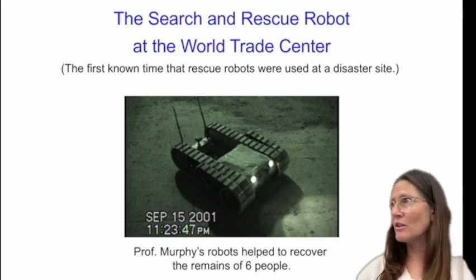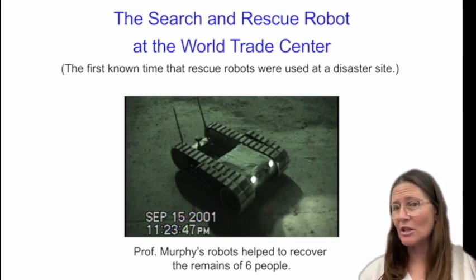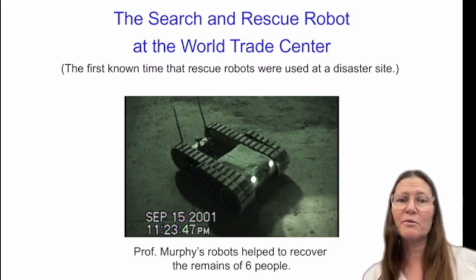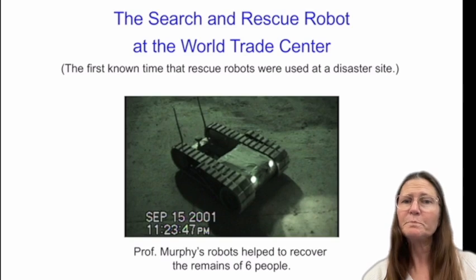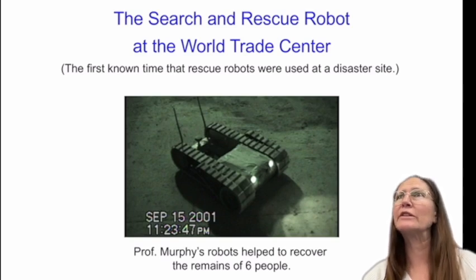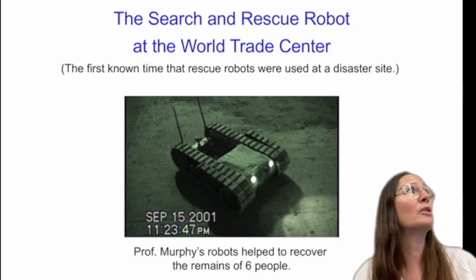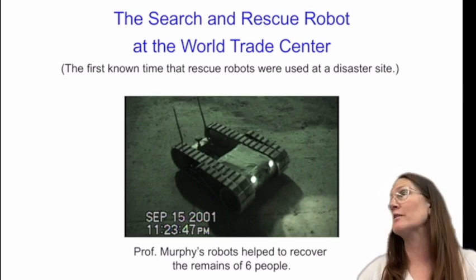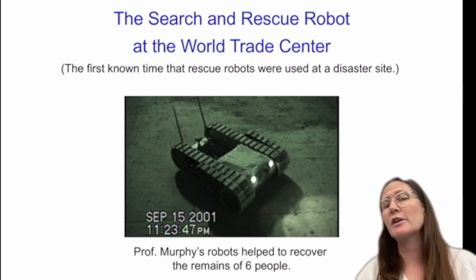They would send in these robots, and this was actually in a research stage at Professor Murphy's lab, and she had been building these. She built these to send in, and they were using them to try to find people and also understand if it was safe for others to go in there or not.